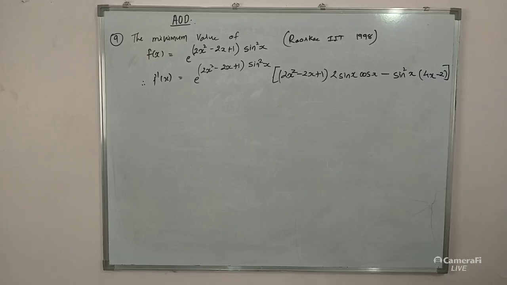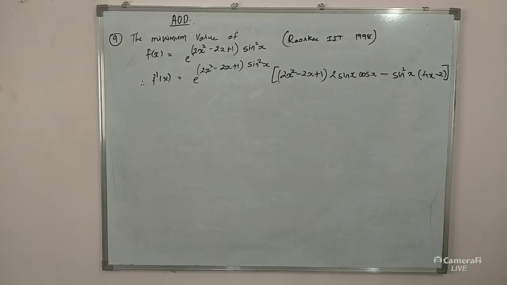So f dash of x is equal to e raised to x multiplied with the derivative of the function. Now we have to compare it with 0.